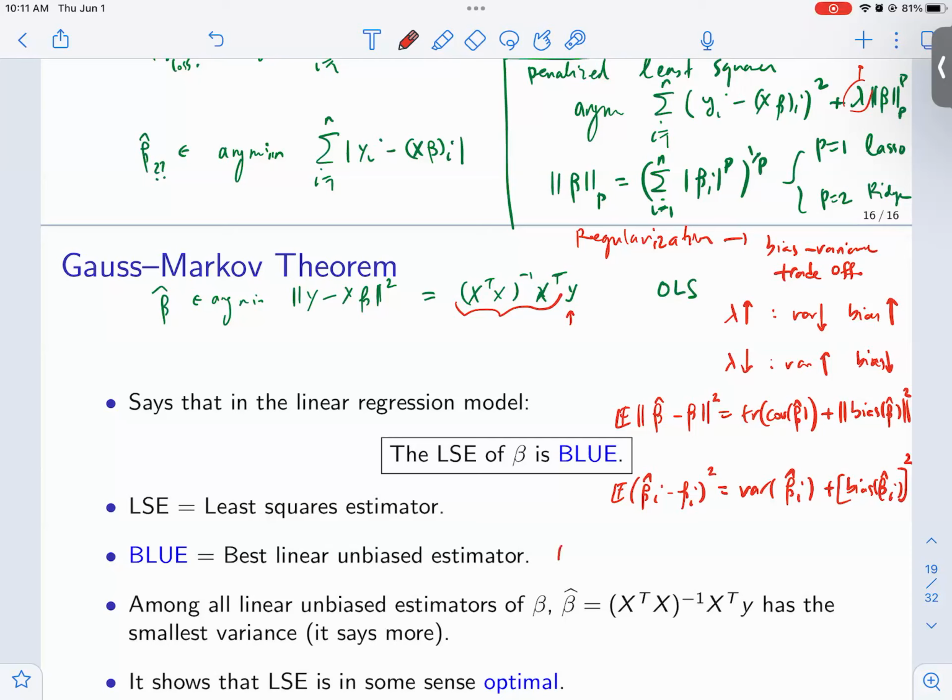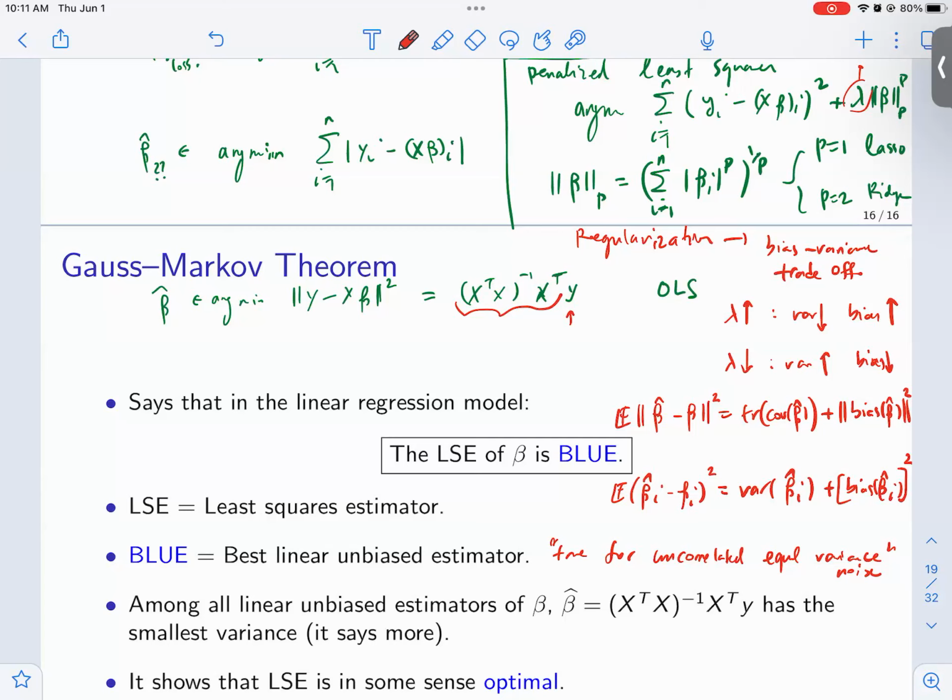So if you have uncorrelated noise in regression, then this is true. Equal variance, basically. You need both: uncorrelated coordinates of epsilon and they have to have the same variance. But if we assume further that the noise is Gaussian, multivariate Gaussian, then it turns out that it's really the best unbiased estimator among any kind of set of unbiased estimators.